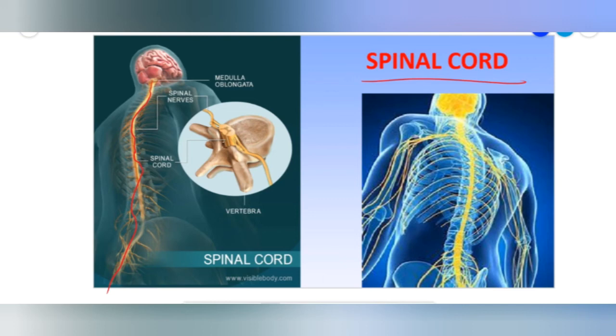It has a small canal in the center, and this small canal is what we call the spinal canal. The spinal canal contains cerebrospinal fluid. This fluid is covered with meninges that support and protect it too.